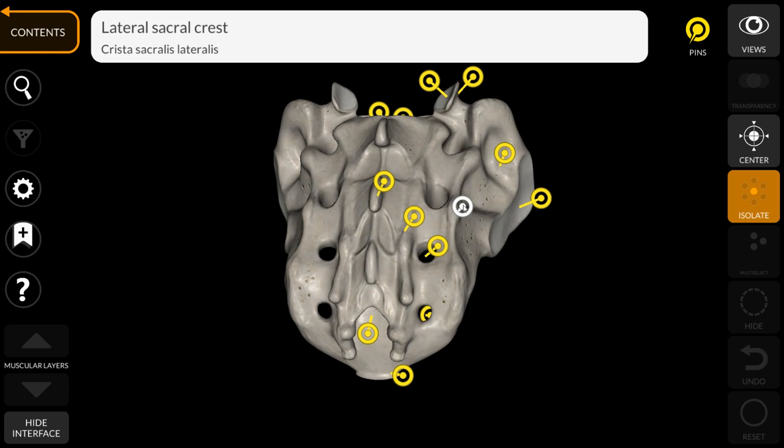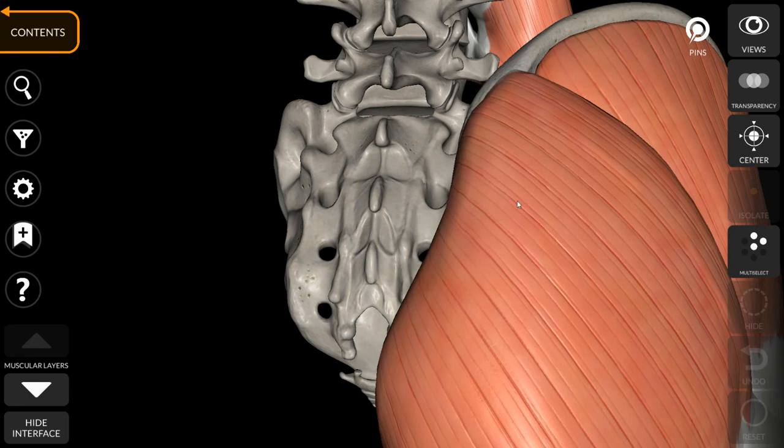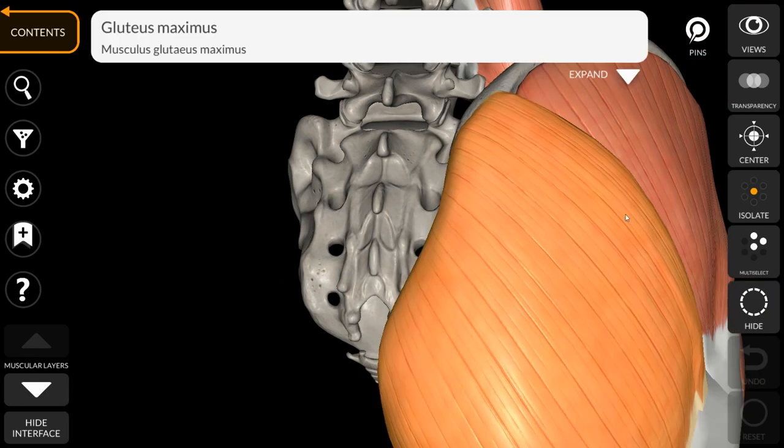Now, by the way, you should remember sacral crest because it has two structures actually. It has lateral and also medial sacral crest. Now, your gluteus maximus basically originates from where? It originates from the lateral sacral crest, or you can call it as a sacral crest only. So it attaches into the mana class?